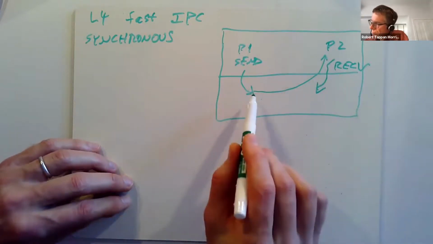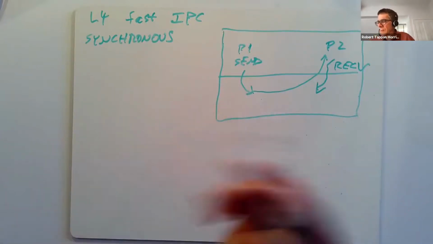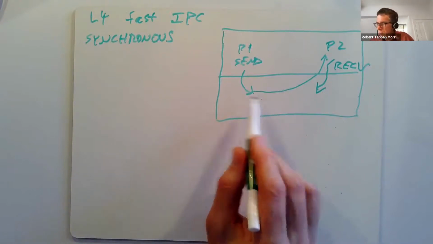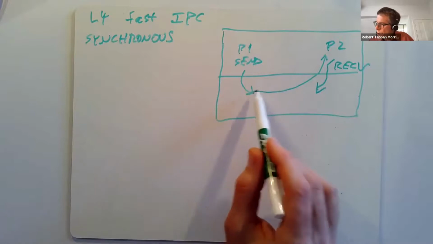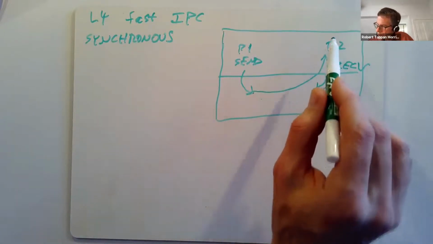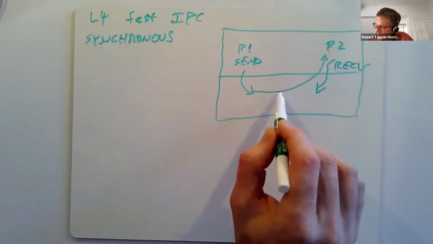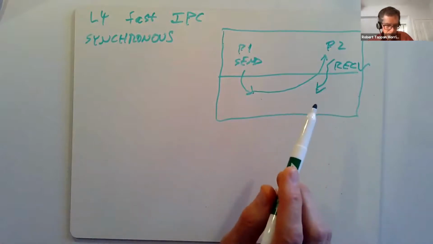And that's a much faster path through the kernel than saving registers, giving up the CPU, calling the scheduler, and finding a new process to run. Instead, P1 send knows that there's a waiting receive and just immediately jumps into P2 as if it was returning from receive.